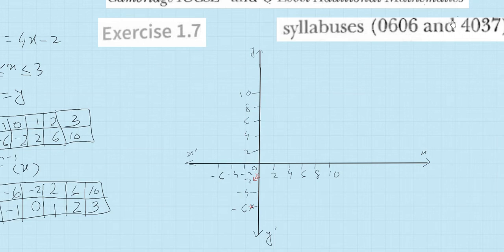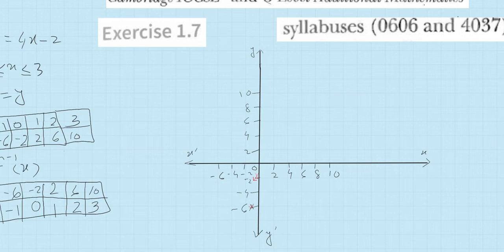Sorry, because Microsoft Whiteboard is not working properly because of the new edition, I am not coloring. I am doing this with black ink.